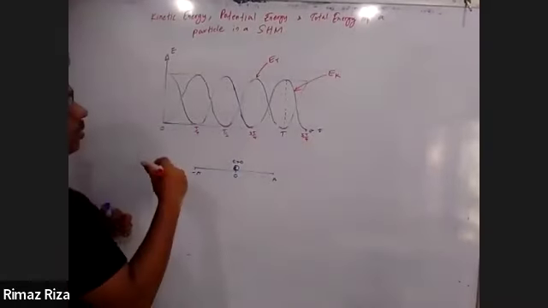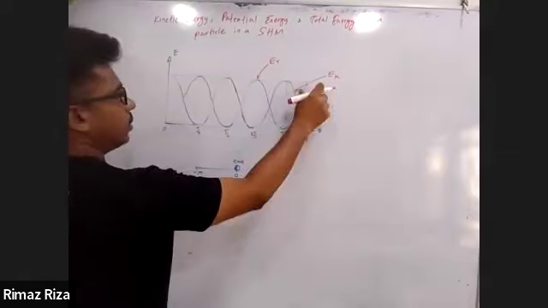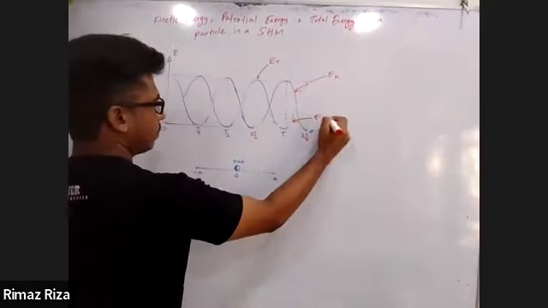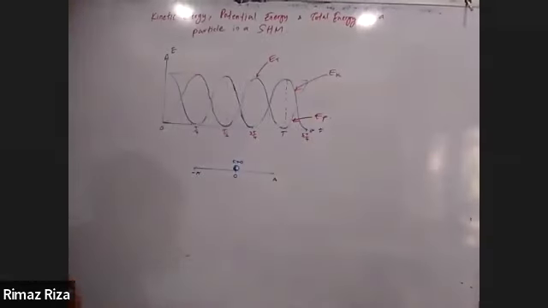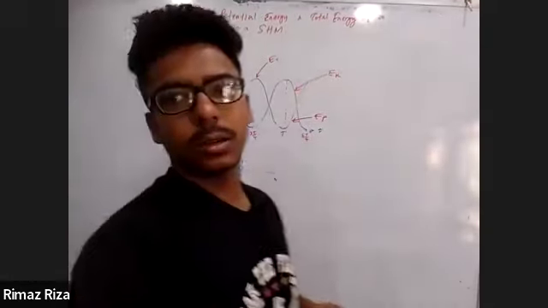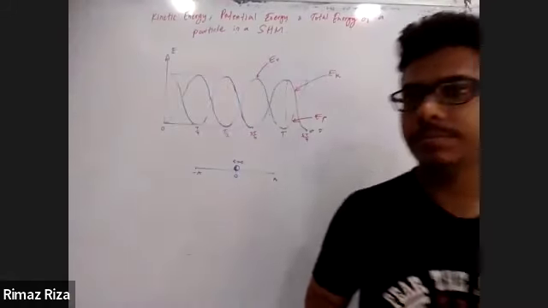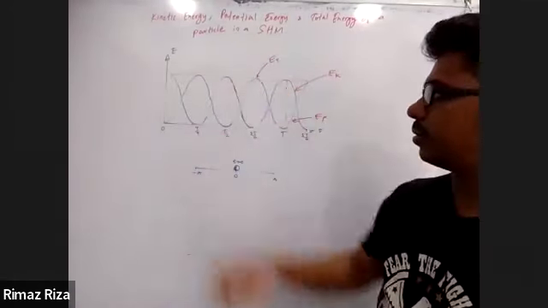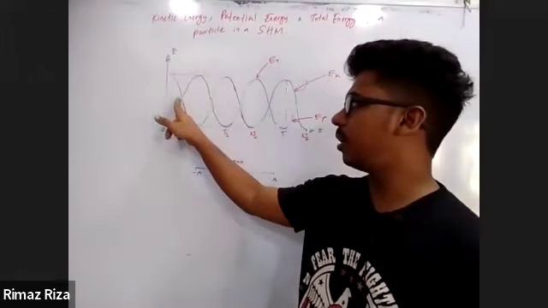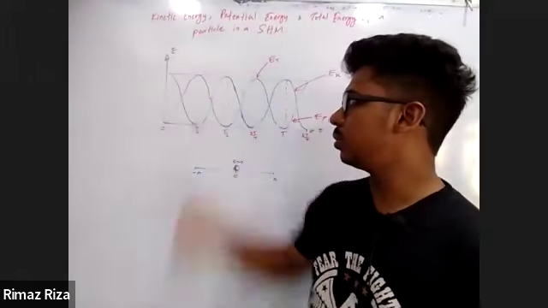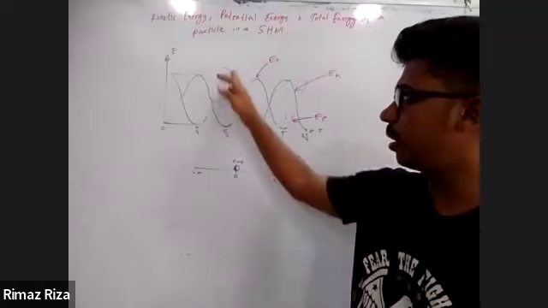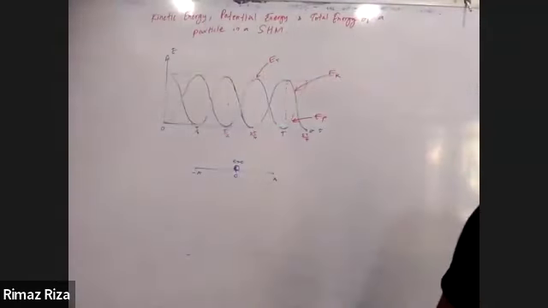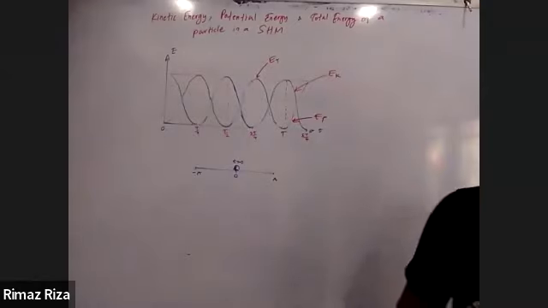This is kinetic energy, and this is potential. So this is the variation of kinetic, potential, and total energy with time. The total energy remains constant, and the sum of kinetic and potential is equal to total energy.